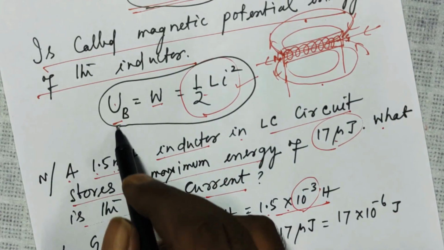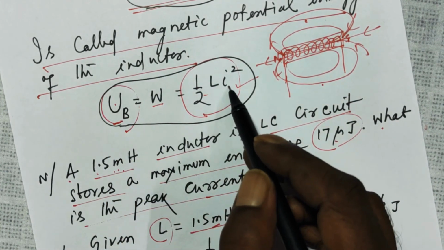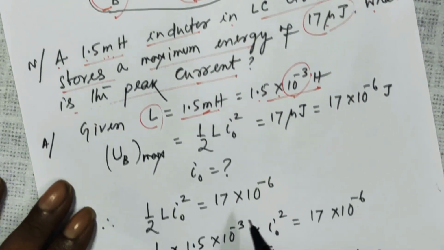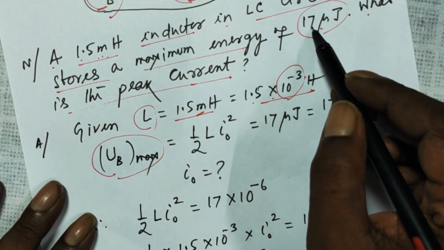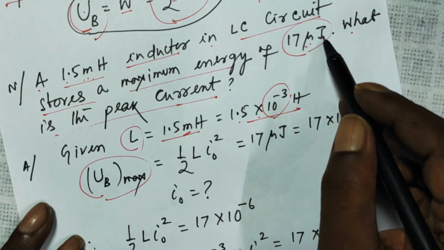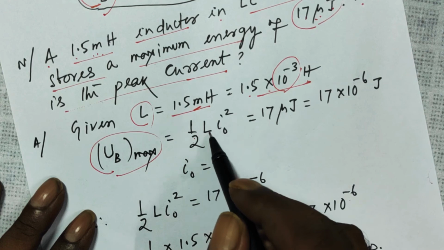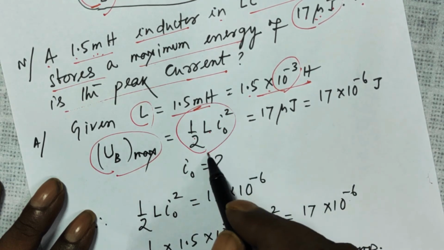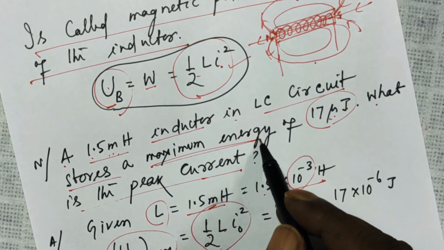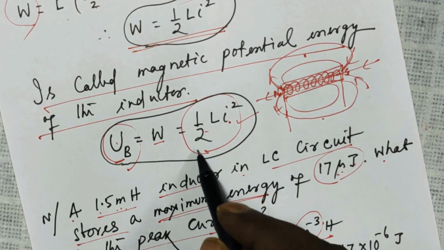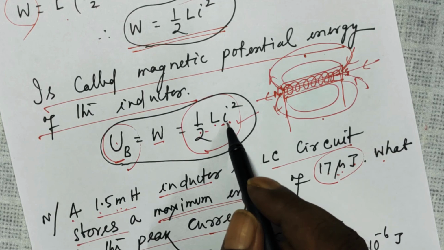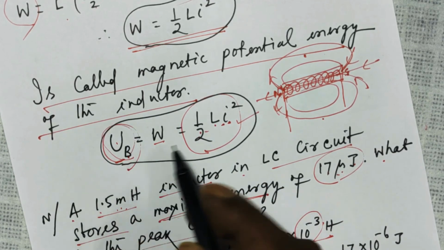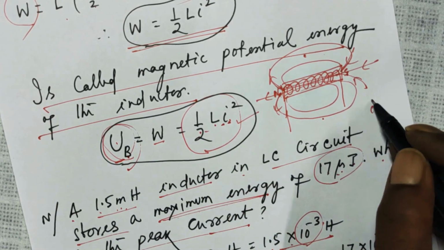Then maximum, if I is maximum, I maximum is called I naught. So U maximum, which is given as 17 microjoule, will be half L I maximum square, because it is given maximum energy. And the energy equation is half Li square, which we just derived. Half is constant, L is constant. So if I is maximum, then this will be maximum, and I maximum is called I naught.